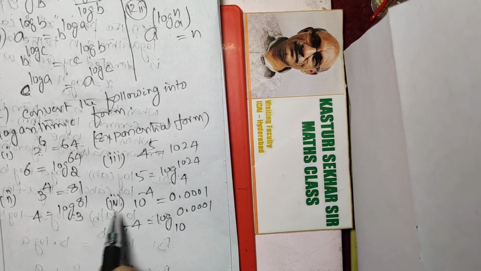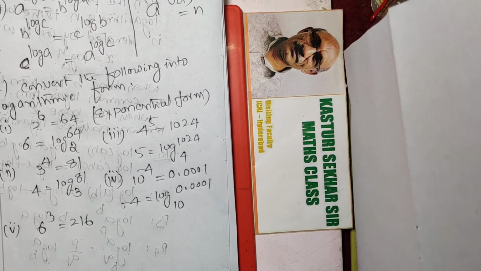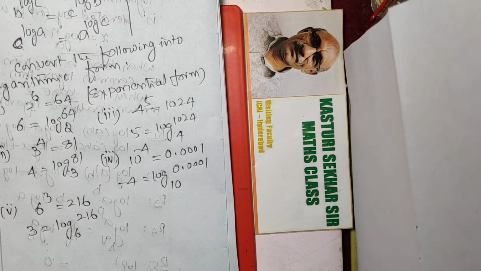Next, the fifth one. 6 to the power of 3 is equal to 216. This power 3 is equal to log 216 to the base 6. This is converting the exponential form into logarithmic form.